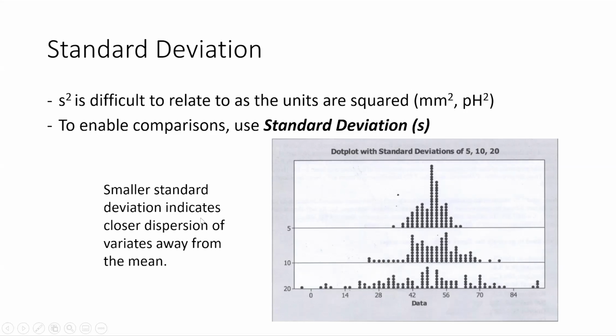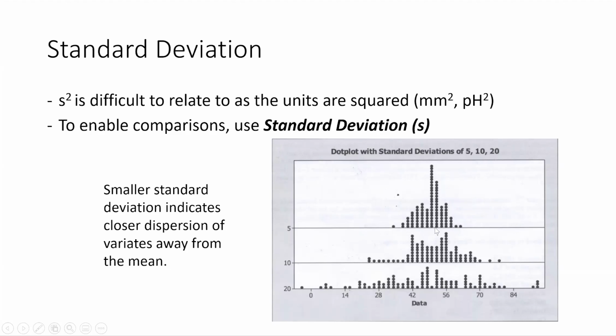A smaller standard deviation indicates closer dispersion of the data around the mean. Here we've got a dot plot with a standard deviation of 5, 10, and 20. When we have a low standard deviation, the data is clumped closer together, right? There's less variation. There's less deviation in the data.